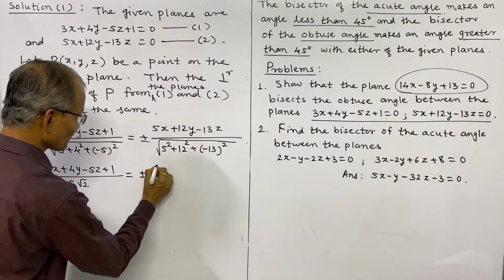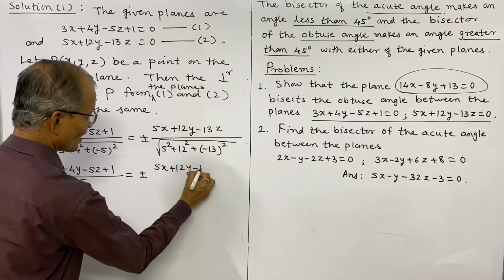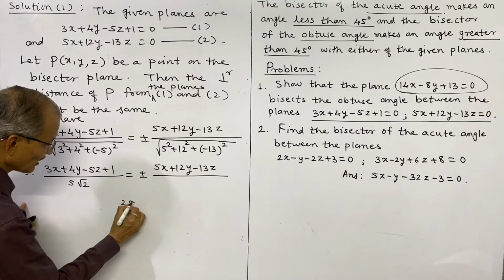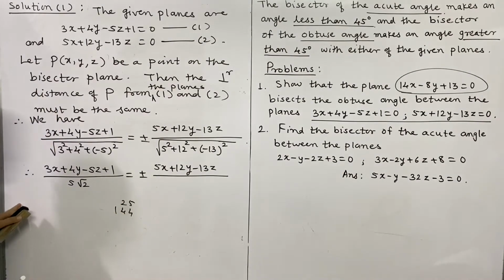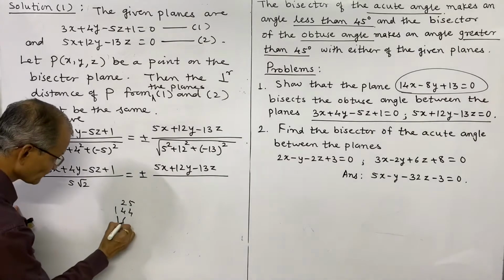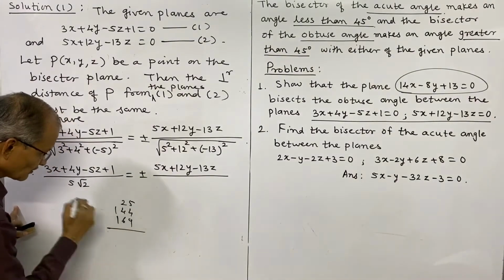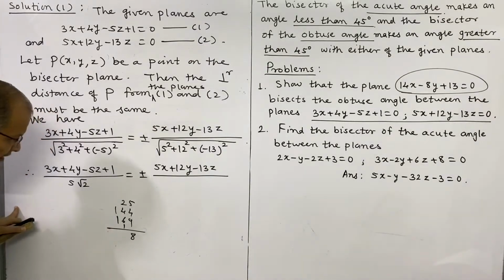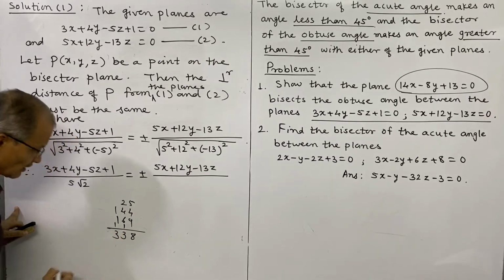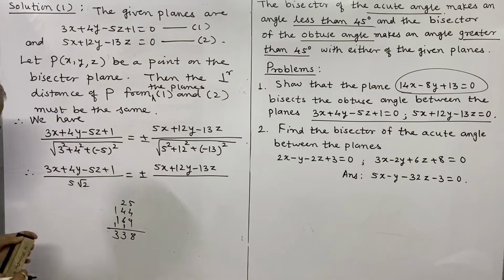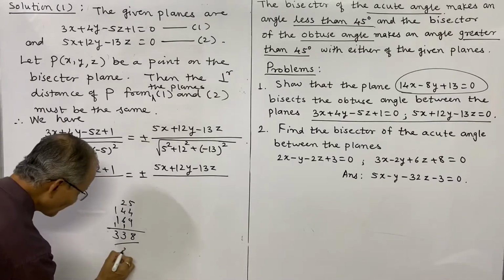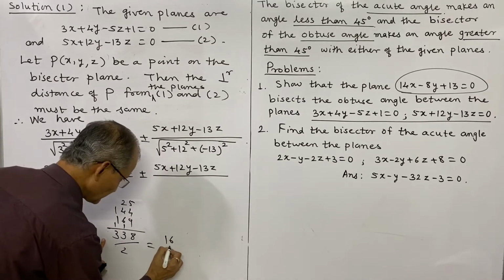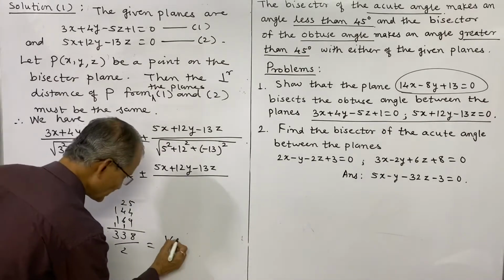And the second will be (5x + 12y − 13z) divided by, see the calculations for this will be 25, 144, and that is 169. So it comes to be 338, and if you divide by 2, then this becomes 169.